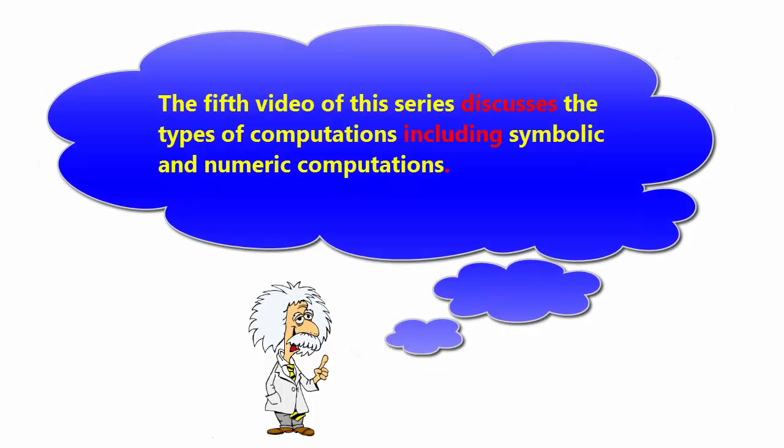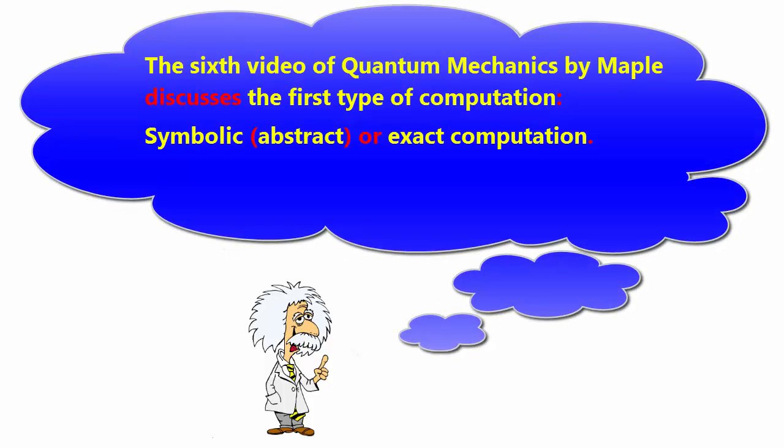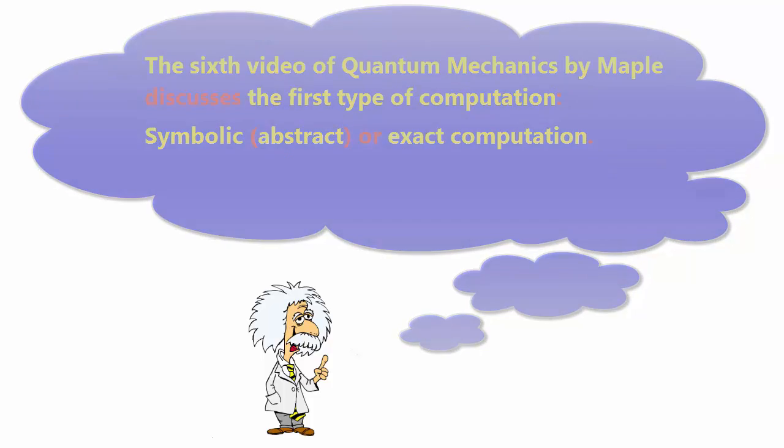The fifth video discusses the types of computations, including symbolic and numeric computations. The sixth video discusses the first type of computation, symbolic, abstract, or exact computation.